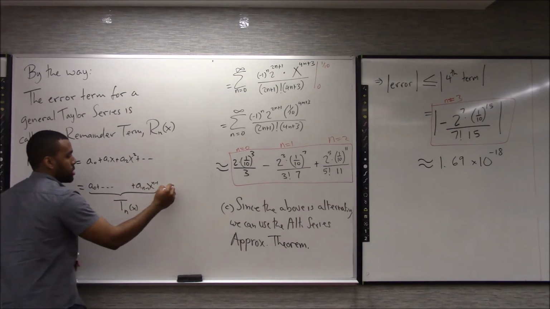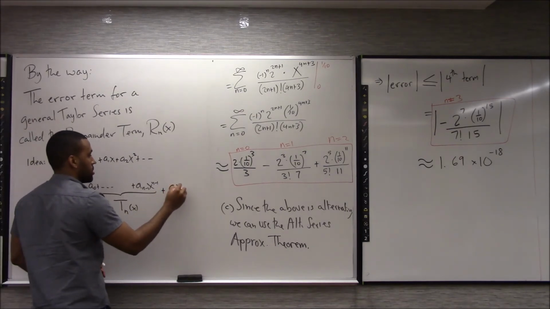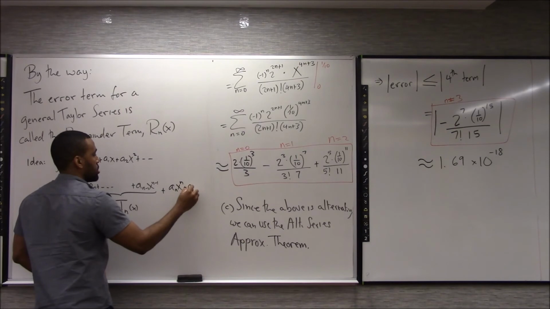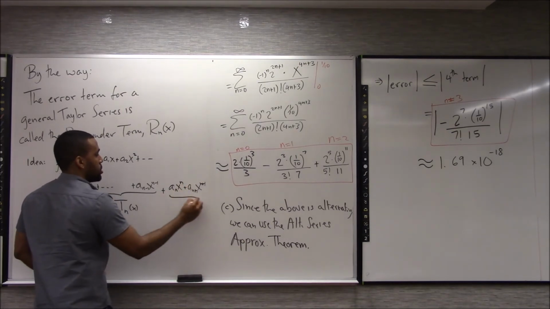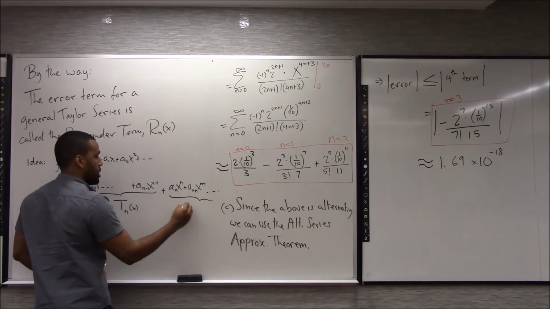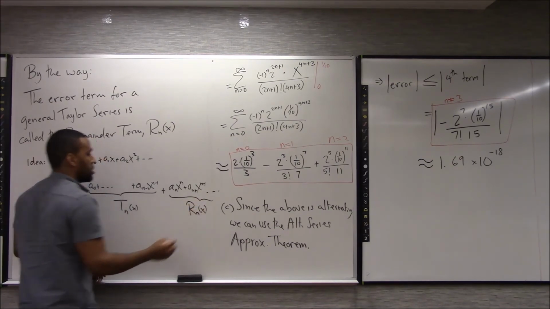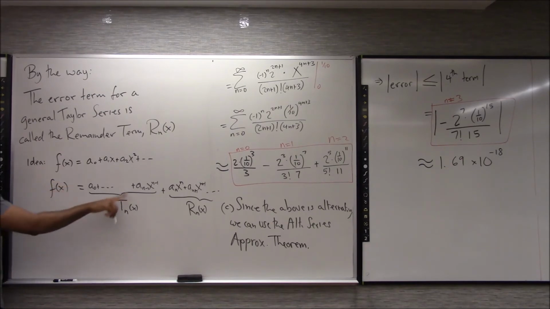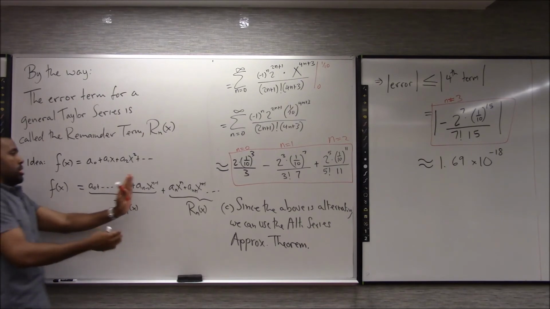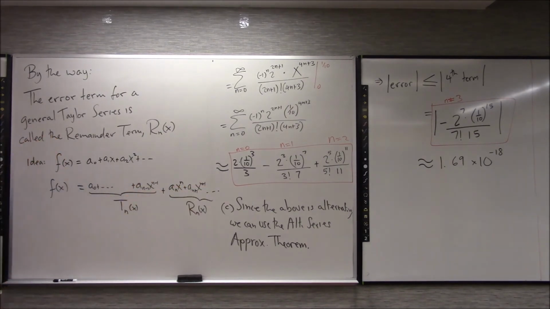Plus you have the rest of the terms over here, those guys continuing off to infinity, that's called Rn. Right? So that's the error term. That's the difference in approximation of some finite. If you cut off the Taylor series at a certain point, what's left over is called the remainder term.